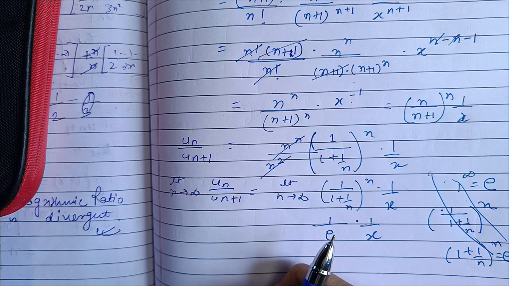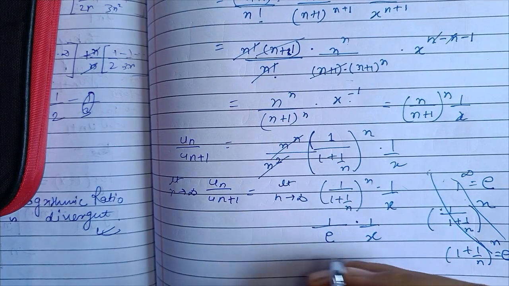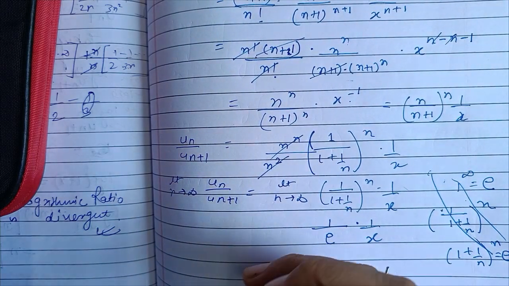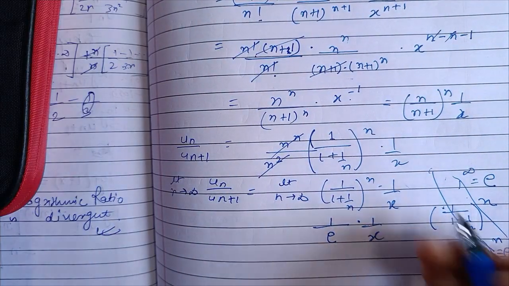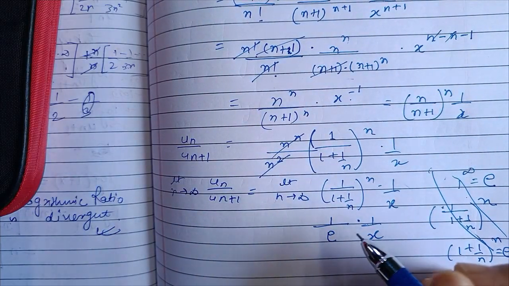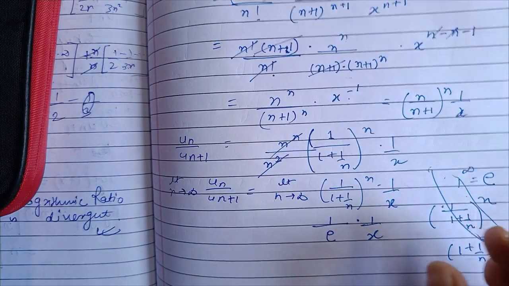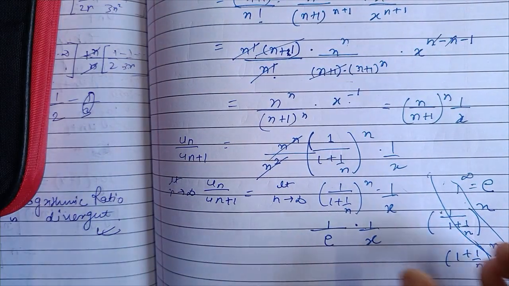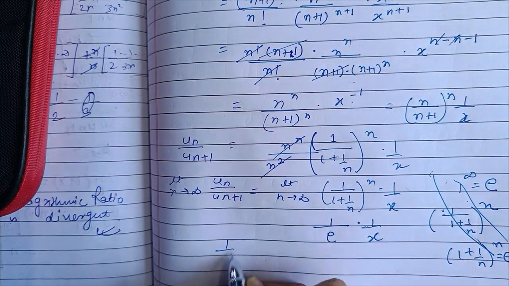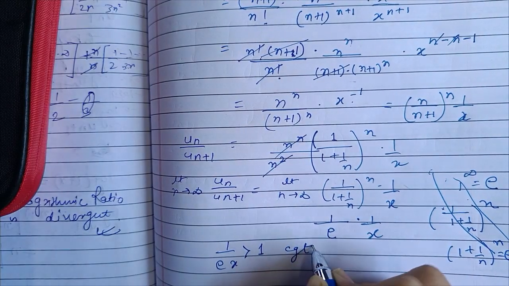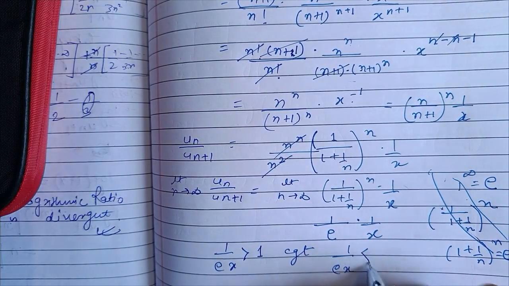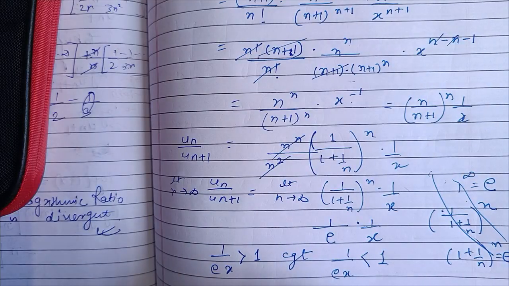Now, so we are getting this as a ratio. Okay, so we are proving D'Alembert's ratio test. So D'Alembert's ratio test gives me this result. Now this result will be convergent or divergent according as if 1 by e to the power x is greater than 1, then it will be convergent, and if 1 by e to the power x is less than 1, then it will be divergent, right?